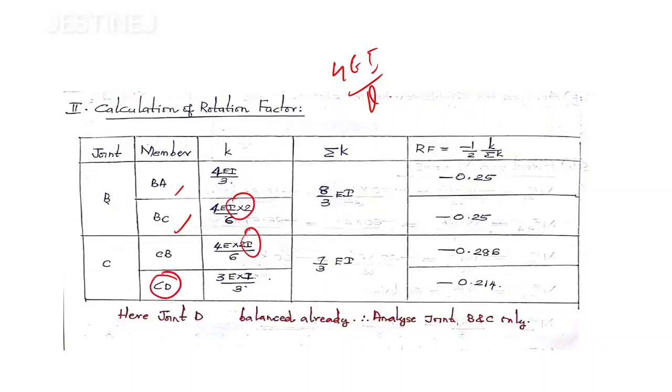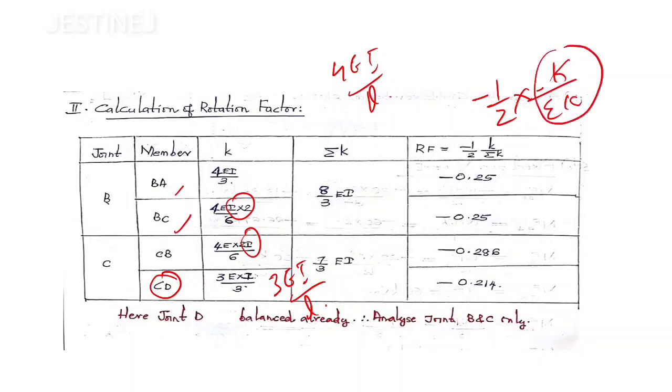In the case of CD, the far end is hinged, so you will use the general equation 3I by L. Then you get the rotation factor using the formula minus half multiplied by k by sigma k. K by sigma k is actually the distribution factor. So minus 1 by 2 multiplied by k by sigma k, you will get these values. In this case joint D is already balanced, so there is no need to analyze it again.